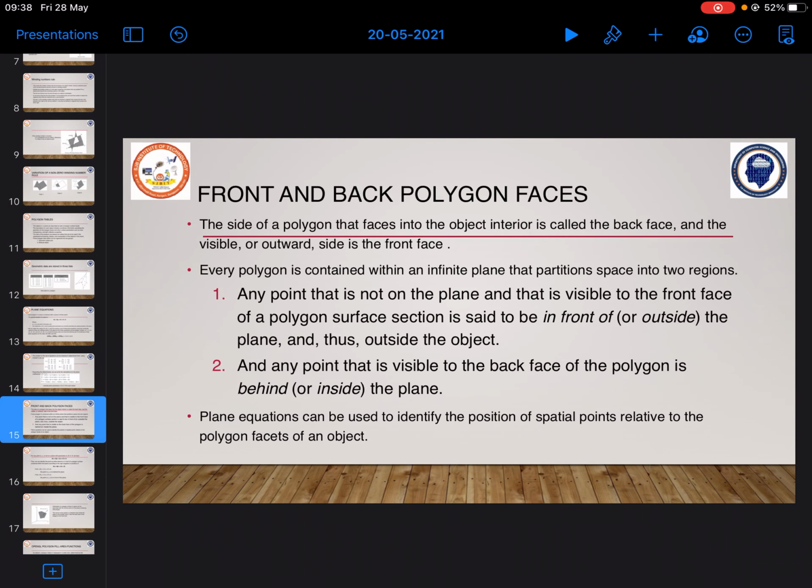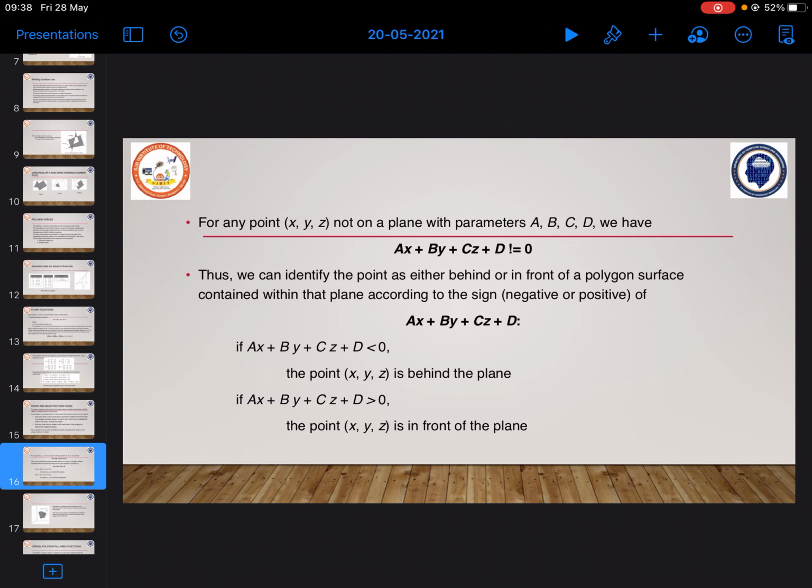The next topic is how to specify the front and back of polygon faces. The side of the polygon that faces into the object interior is called the back face, and the side visible to the outside is called the front face. For any point x, y, z on a plane with parameters a, b, c, d, we have ax plus by plus cz plus d equals 0.